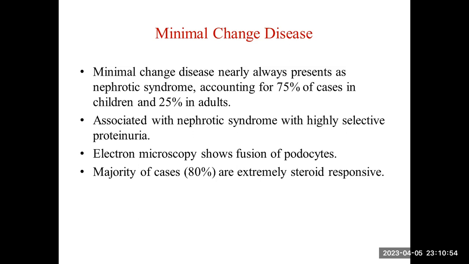Also, it's linked to specific drugs like rifampicin, also lithium, also non-steroidal anti-inflammatory drugs. Also, it's associated with infectious mononucleosis. So these are associations of minimal change disease, but almost always it is an idiopathic condition where you will not be able to detect any possible secondary cause.